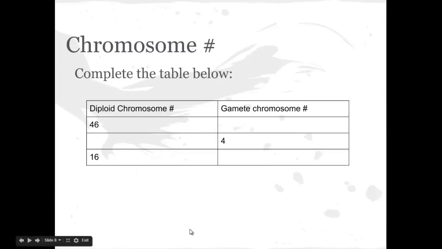Here we can just practice with the diploid chromosome number and the gamete chromosome number. So if a cell, the diploid number is 46, then the gamete would only have 23 chromosomes. And the opposite way, if a gamete has 4 chromosomes, then the regular body cell would have 8 chromosomes.